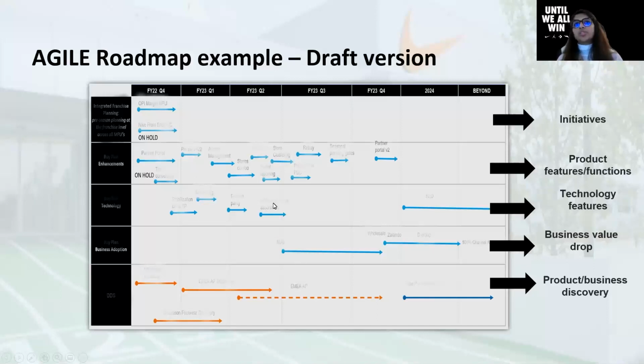And then the business value drop is, okay, at the end of this, what is the value drop that will be delivered. And also, this is something super useful. I also indicate the discovery that goes on from the product and business side. And why? Because the team will also know that we are not just working on this, but we are also doing some research on future items in this particular time frame. So they can already know what the future looks like for this product.